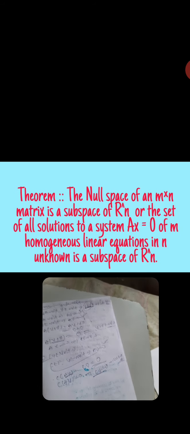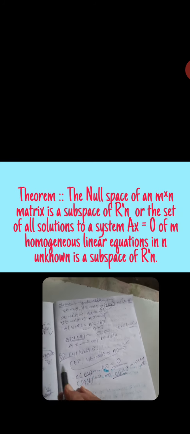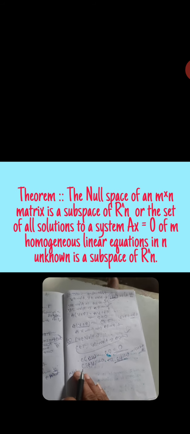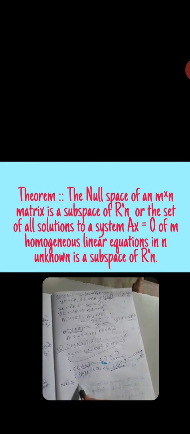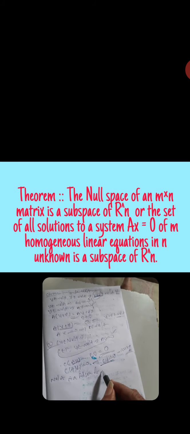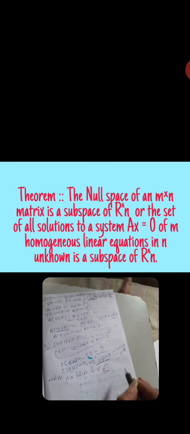These are the three conditions. Under these three conditions, null A is a subspace of the vector space, that is R power n.